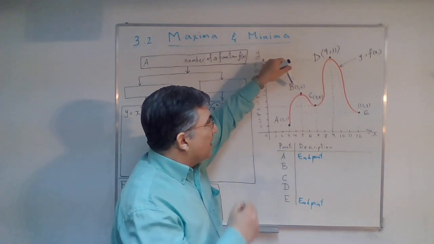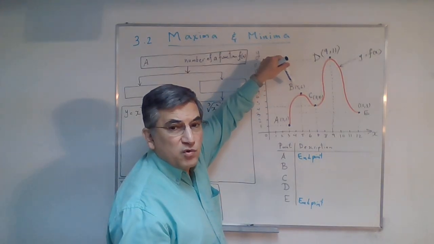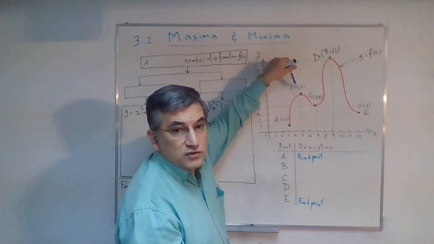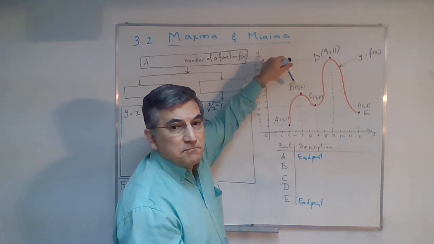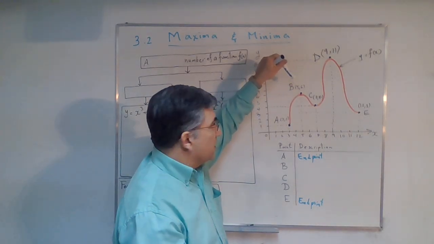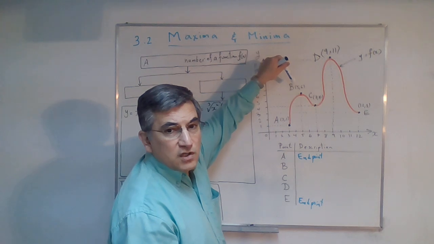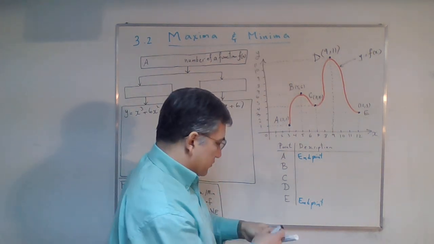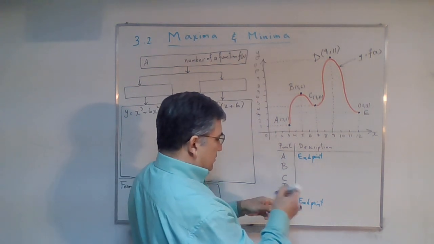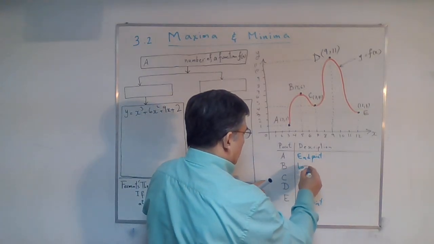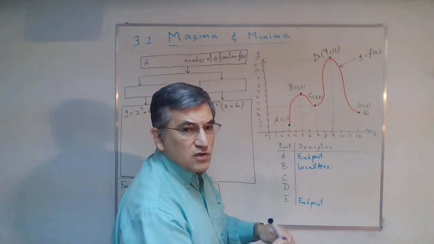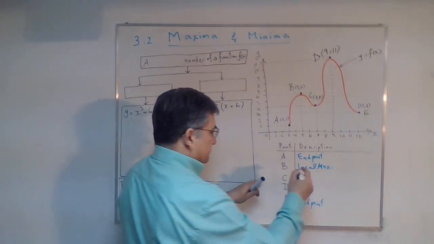So because the y-coordinate of this point is the greatest value in a neighborhood of point B, we call this a maximum point. All right? So point B is called a maximum point, or better to say local maximum point. I'm going to name this point local max point, or sometimes it's also known as relative maximum point.